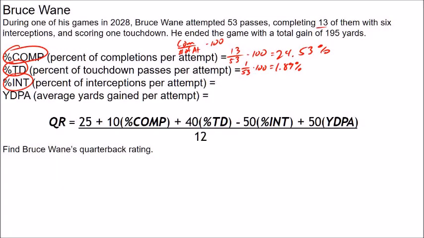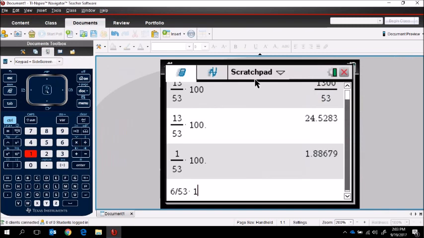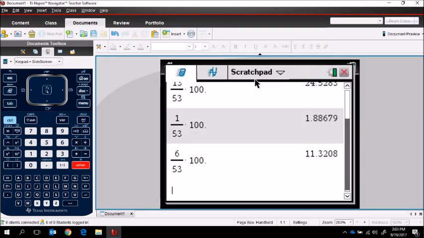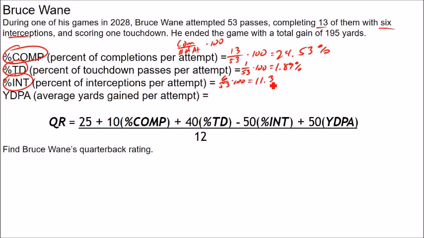The interceptions, it says he had 6 interceptions, so that's 6 out of 53 times 100. And we'll plug that one into the calculator. 6 divided by 53 times 100. Don't forget your little decimal point. And we get 11.32. There we go. And that is also a percent.